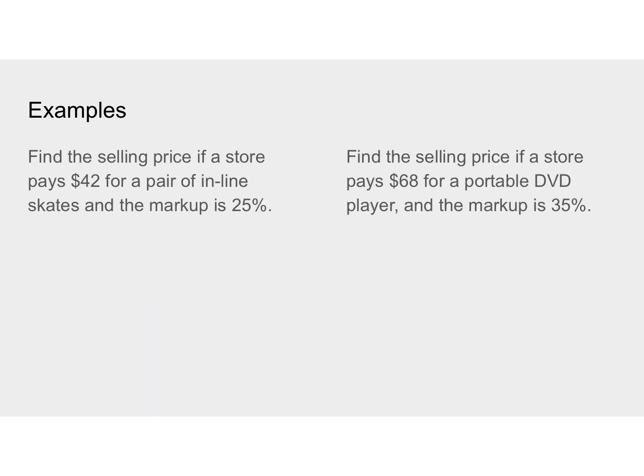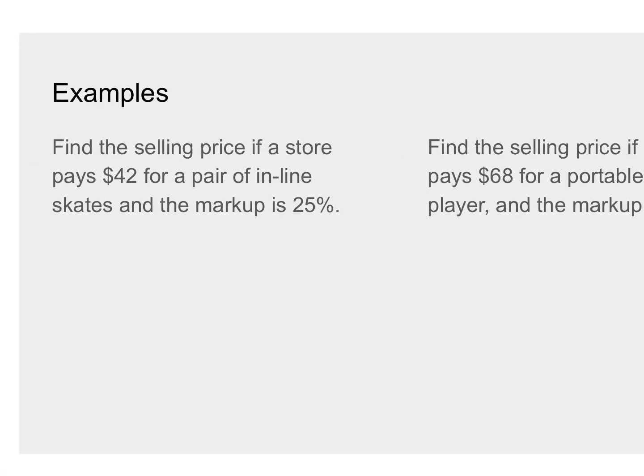Okay, so working with some examples, we want to find the selling price if a store pays $42 for a pair of inline skates and the markup is 25%. So first we want to find 25% of 42, then you add that to the number. Now I'm going to teach you a little easier way. We can use the percent proportion, but we want to change 25%.